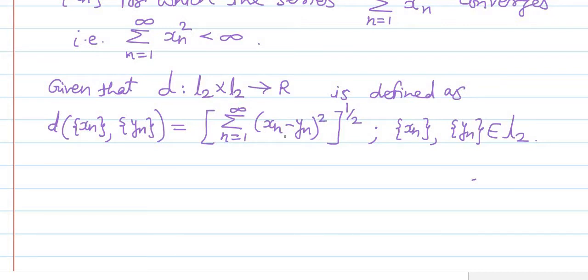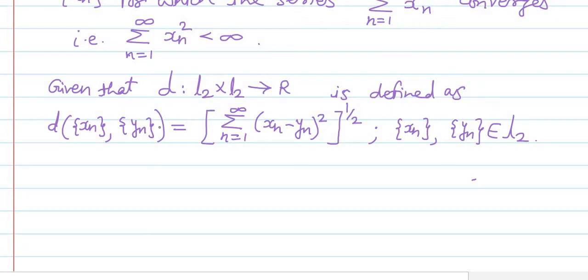So xn minus yn bracket square is non-negative for every value of n, and the summation of infinite non-negative real numbers is again a non-negative real number, and its positive square root is obviously non-negative. Therefore d of sequence xn comma yn is always greater than or equal to 0, which means non-negativity holds here. Then the second condition is the coincidence.